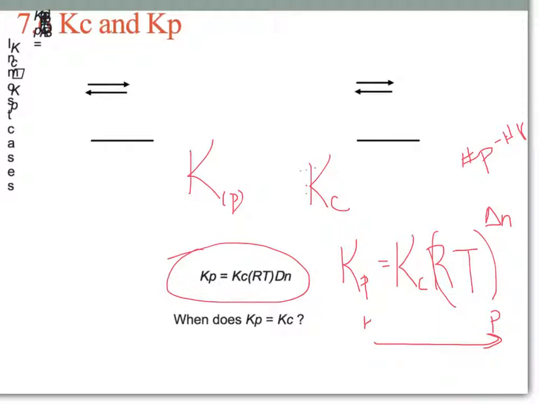So if you start out with the same number of moles of gas and end with that same number of moles of gas, what would you anticipate to be the relationship between Kp and Kc? If someone comes and tells me that, I'll give you 7 extra credit points.